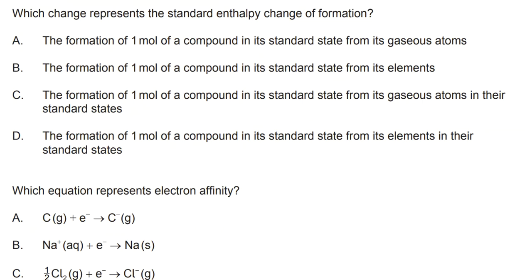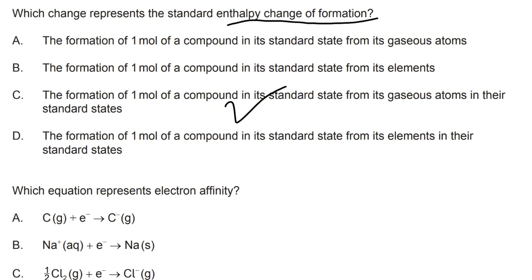Which change represents standard enthalpy change of formation? Formation of one mole of compound from a standard state from its gaseous atoms. That sort of works. One mole of compound from its elements. Okay, one mole of compound from a standard state from its gaseous atoms in their standard state. This one seems to be the most comprehensive. Formation of one mole of compound in a standard state from the elements in their standard state.